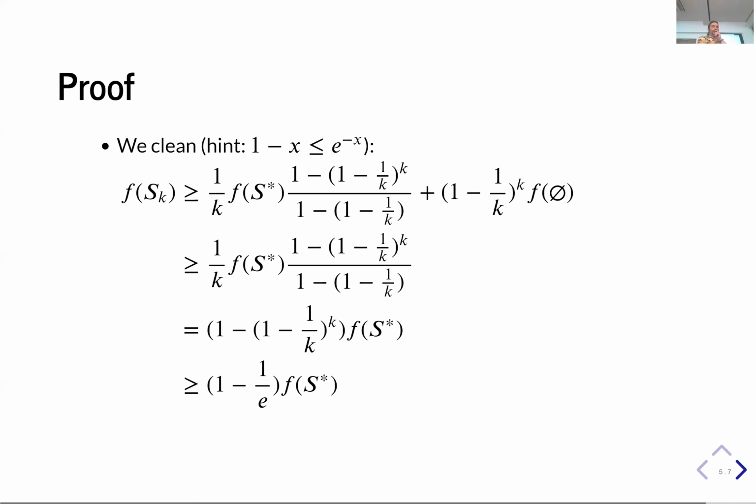So if I understood well, you can have an even better approximation if you keep the term in f of the empty set. Yes, of course. And sometimes people do that. Because if you take a submodular function and you add a very big constant to that function, it is still non-negative, monotonic, and submodular, isn't it? Yes, but in some sense it will be cheating, because all people have between 2000 and 2001.